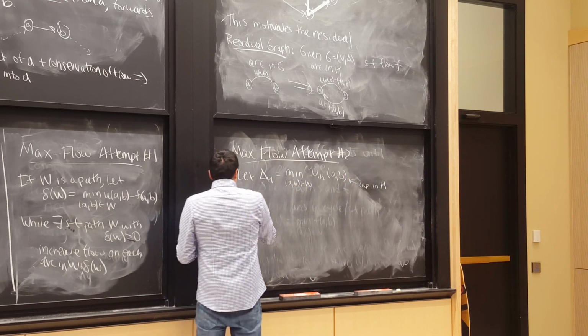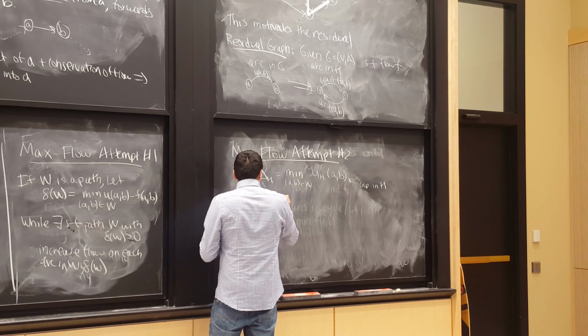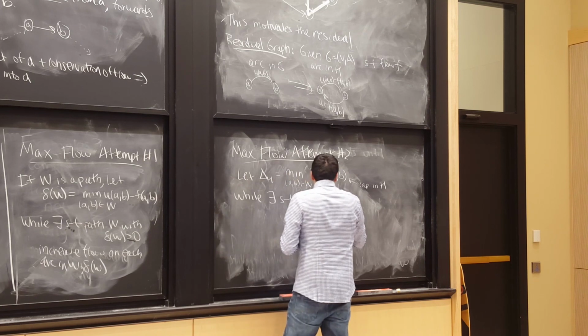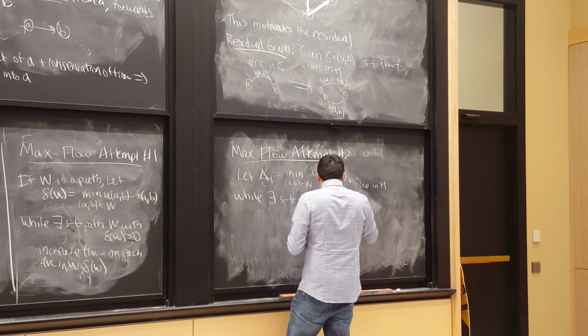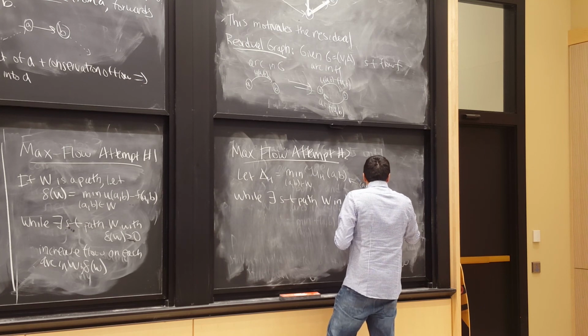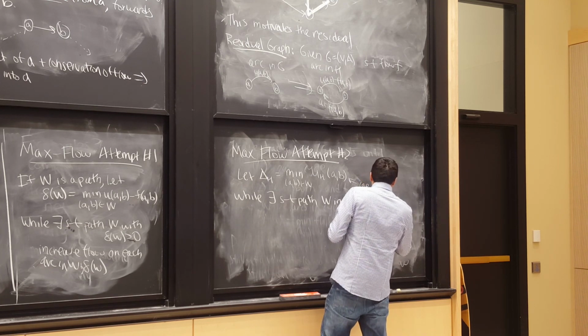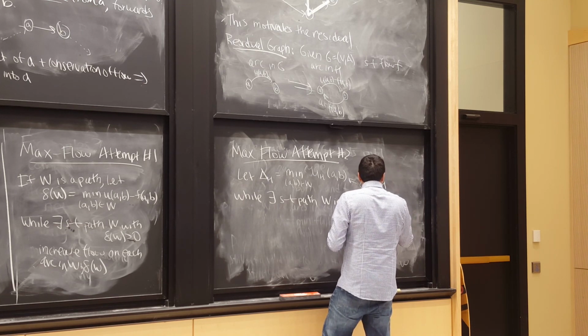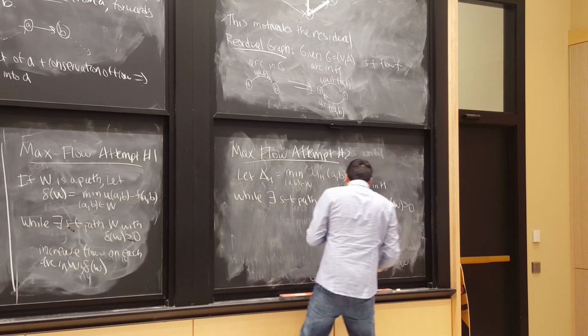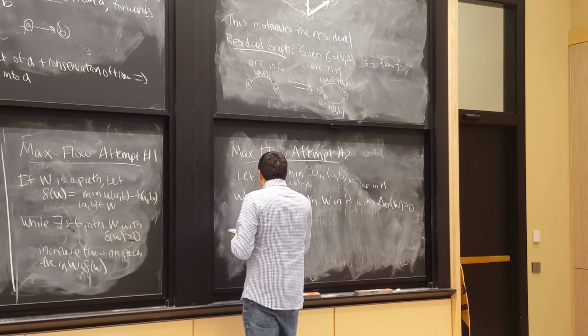And our approach is just a slight variant, so all we're going to do is, well, there exists some ST path, W, in H, which has delta H greater than 0, all you're going to do is augment along it.